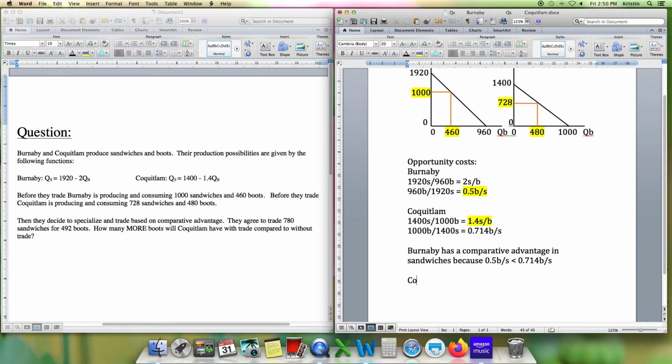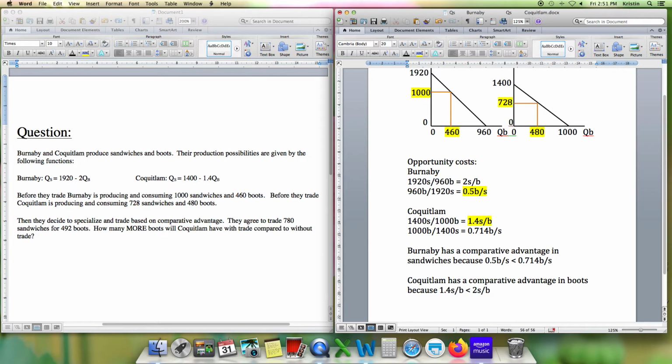Coquitlam has a comparative advantage in boots because their cost of 1.4 sandwiches per boot is less than the cost for Burnaby, which is 2 sandwiches per boot. Good. So Burnaby will make sandwiches, Coquitlam will make boots.